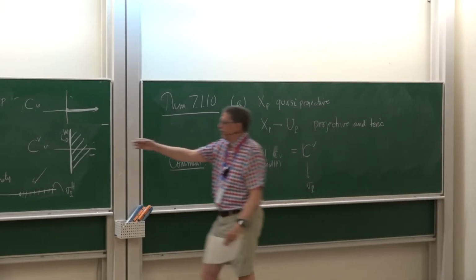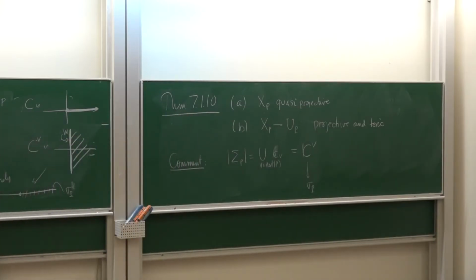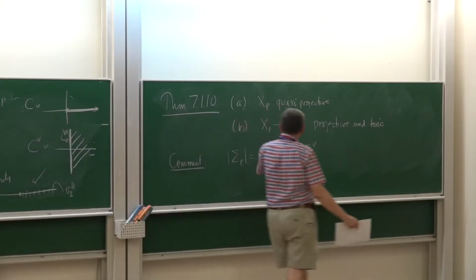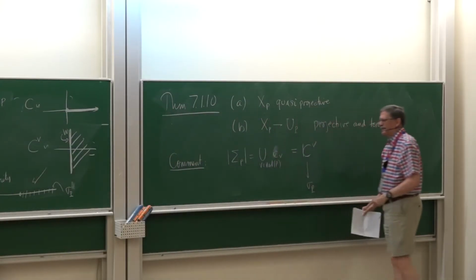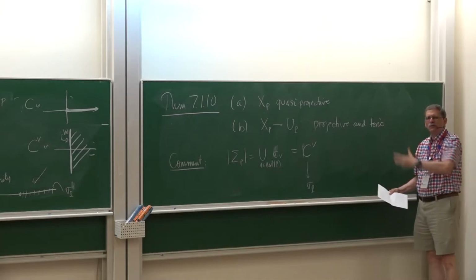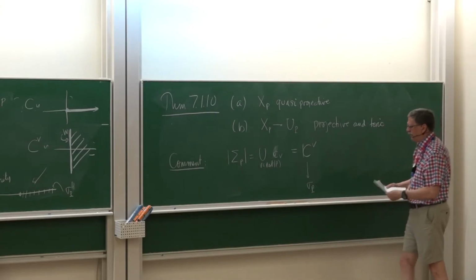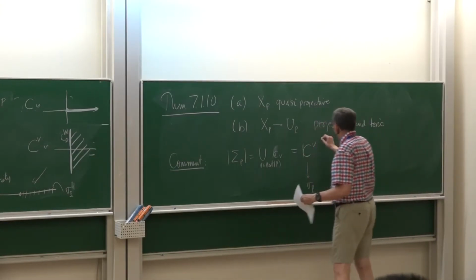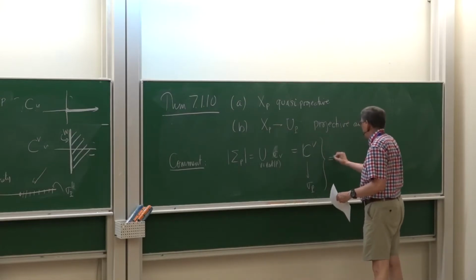That's the construction we have right here. And so that means that every cone in here maps to this guy, and that's what makes it a toric morphism. So basically this implies toric.